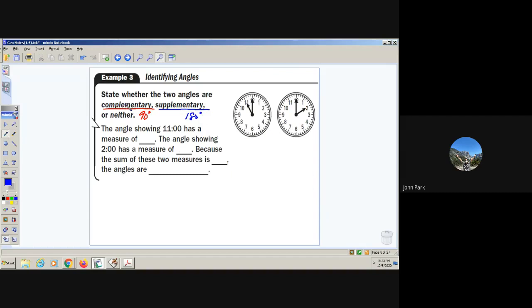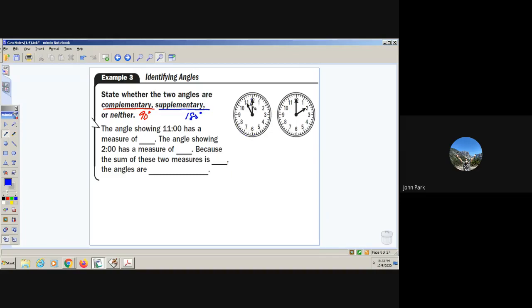So complementary angles, if you put them next to each other, adjacent angles, should form a right angle. Supplementary angles, if you put them together, adjacent next to each other, should give you a straight line or a straight angle, right?